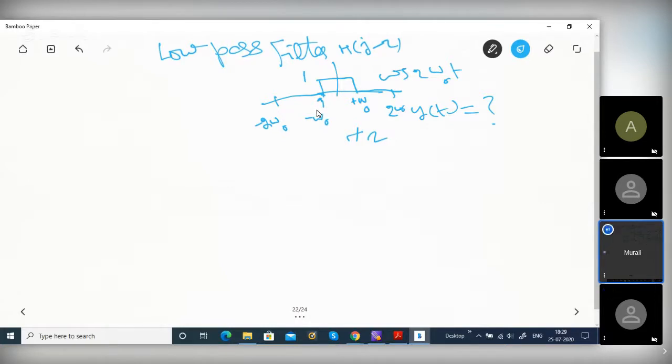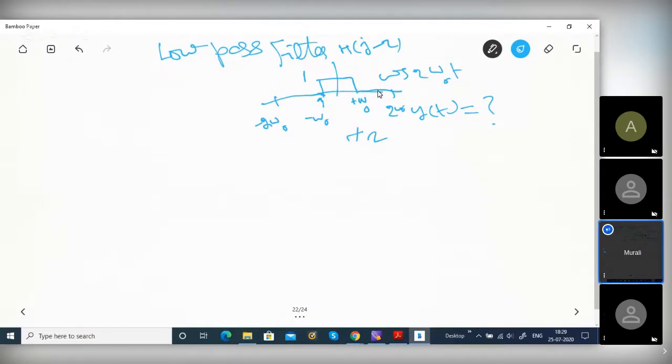It is an ideal low pass filter, right? After omega naught the transfer function is 0.